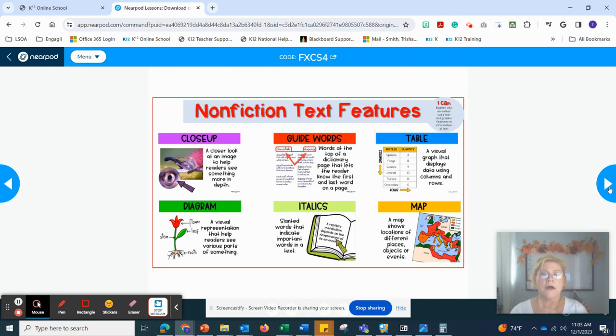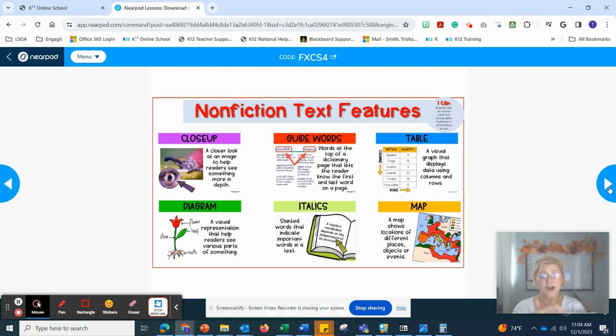Close-up, a closer look at an image to help readers see something more in depth. So if you think back to last week when we were doing the passage about classifying animals, and on the last day we added the pictures, we were talking about animal coverings, and there was a picture of the fish and then the fish's skin because it talked about the covering.